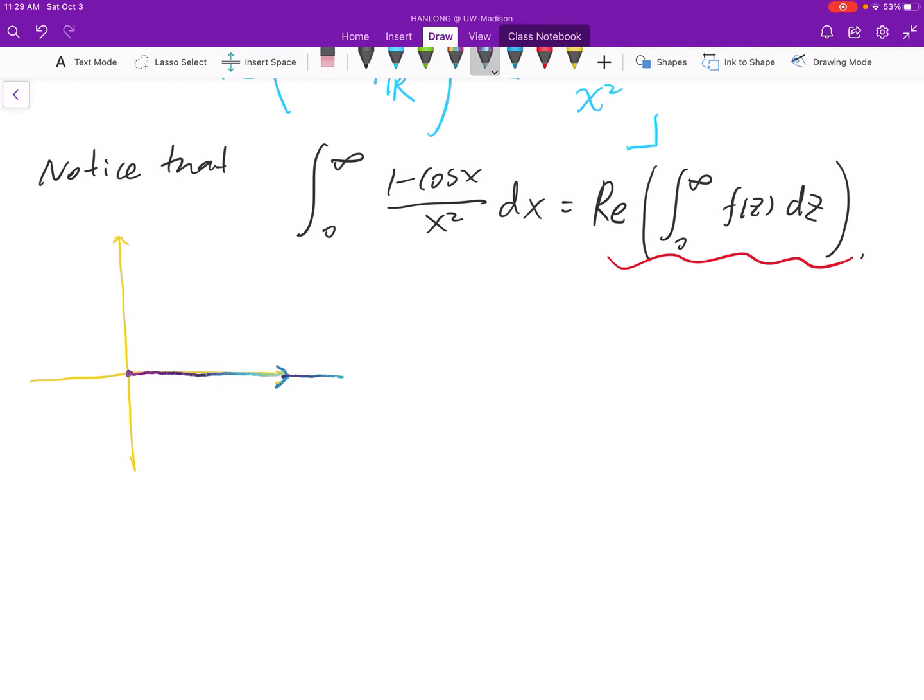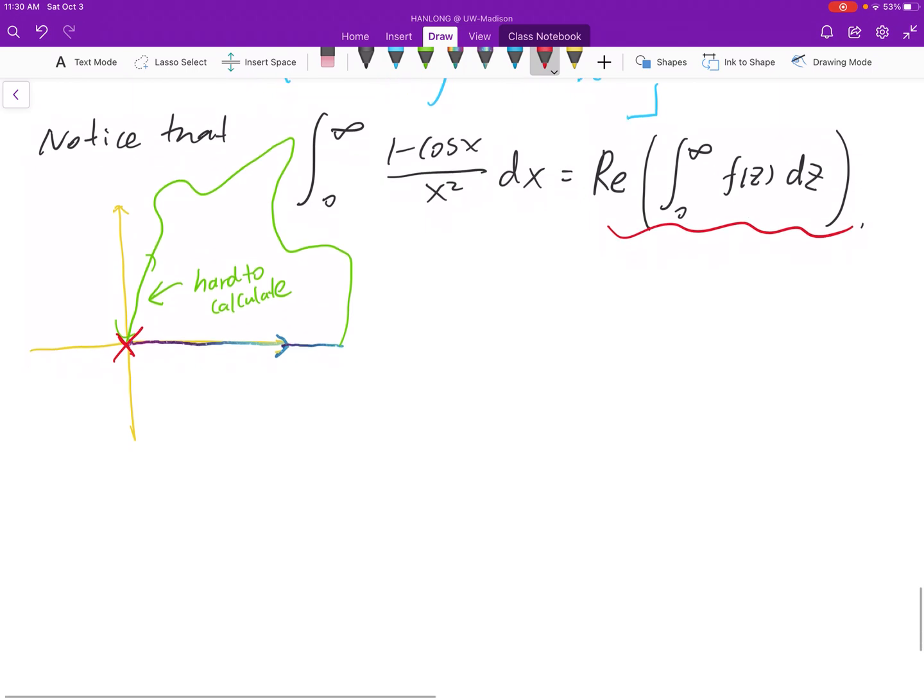If you draw this one, no matter how you draw, you might come back eventually. So coming back, this part will be hard to calculate. Also at the vertex, the origin, you have singularities. So that's a second difficulty.